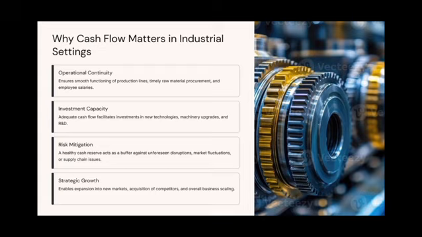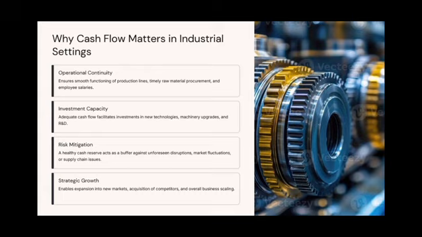Why cash flow matters in industrial settings. The first one is operational continuity. It ensures smooth functioning of production lines, timely raw material procurement, and employee salaries. Second one, investment capacity. Adequate cash flow facilitates investments in new technologies, machinery upgrades, and R&D. Third one, risk mitigation.